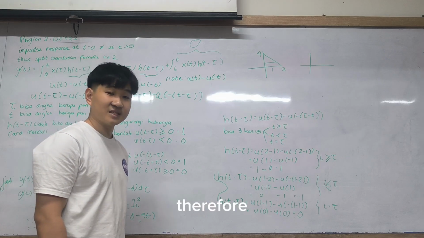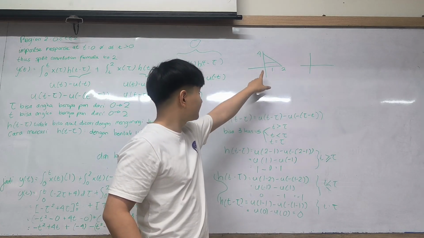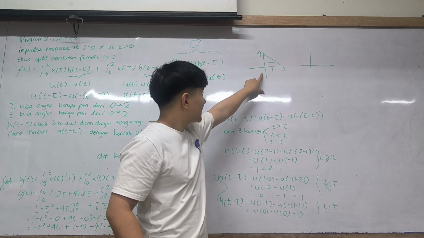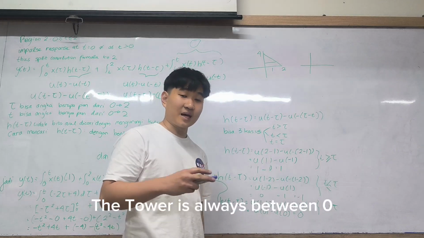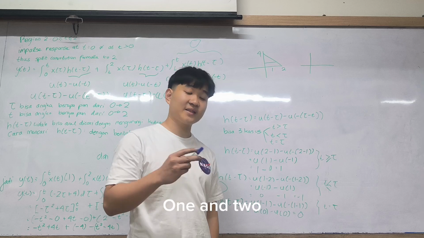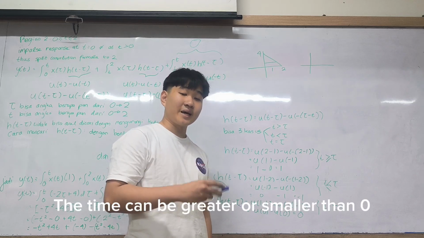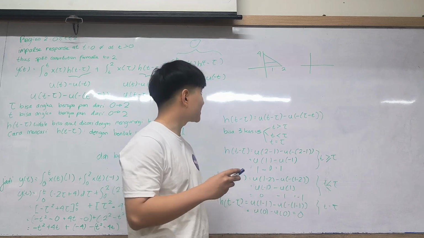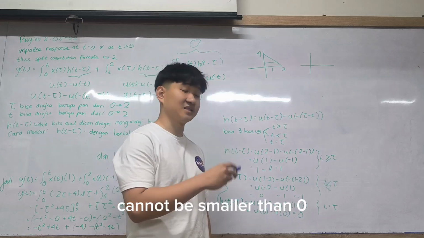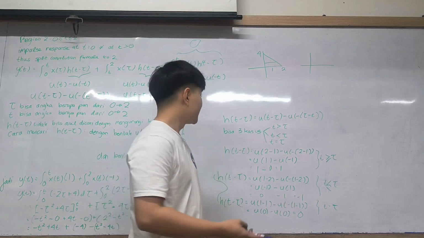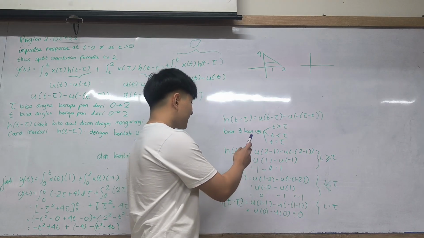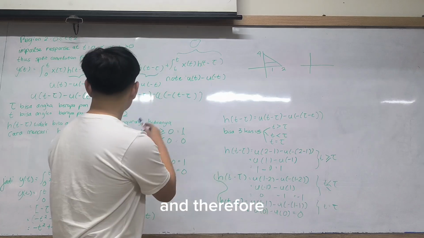Therefore, the tau is the limit of the signal. The tau is always between 0, 1, and 2. However, the time can be greater or smaller than tau, but it cannot be smaller than 0 or greater than 2. Therefore, time will always be greater than 0.